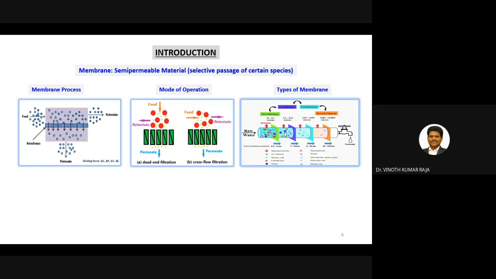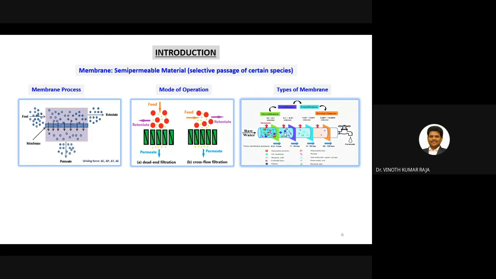A membrane having a pore size range from 0.1 to 0.01 micrometer is called an ultrafiltration membrane. The microfiltration membrane can retain suspended solids, oil emulsion, bacteria, cells, and colloids.